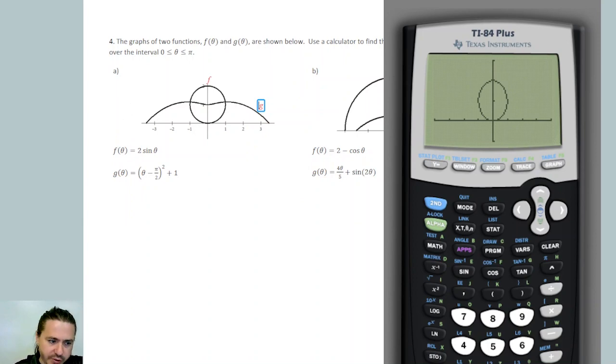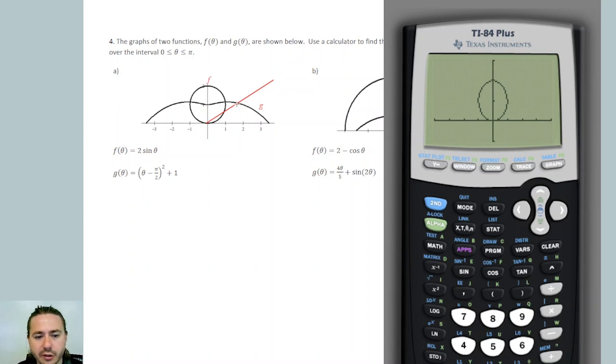So what I want to do is kind of explain what that means. When you plot points, you start at 0 radians, and then you go around and plot points as you go. So the r value, which would be the output of the function, is the distance from the pole, or from the origin, to the point on the graph. So let's say we're right here, whatever angle that is. It looks like maybe 30, 40 degrees.